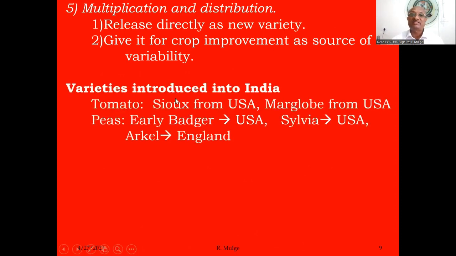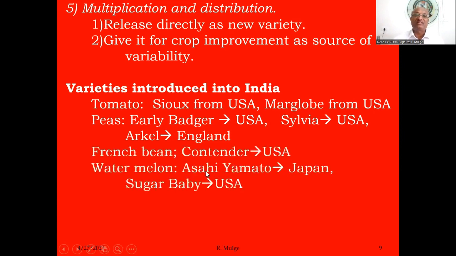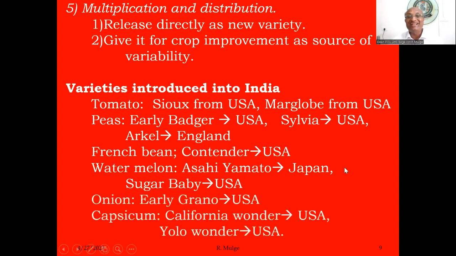Some examples of varieties introduced into India: tomato, Sioux from USA, Marglobe from USA; peas, Early Badger from USA, Sylvia from USA, Arkel from England, and plenty of others.